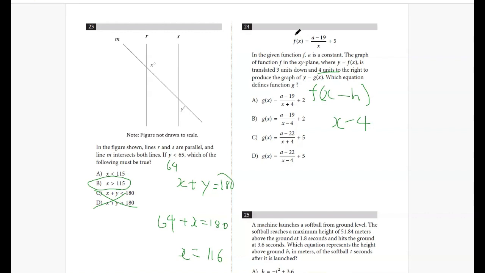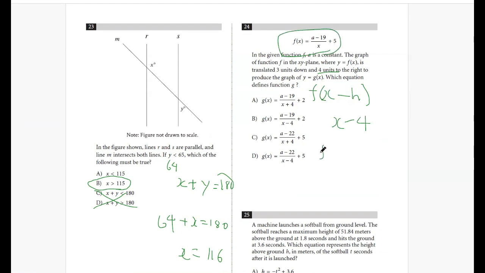Since the f of x is translated 3 units down, in order to create the function g of x, all we've got to do is subtract 3 from this function.